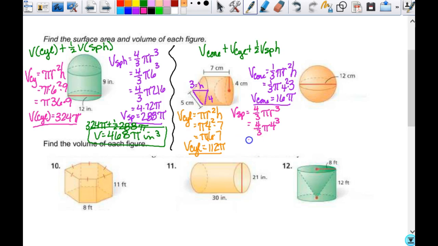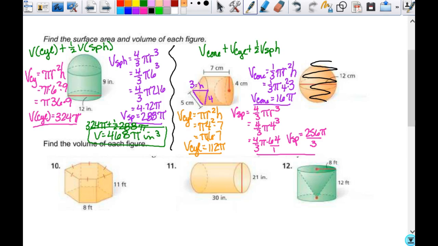So this is going to give me 4/3 pi times 64. So I can't divide that out, so I need to take 64 and multiply it by 4, rather. So the volume of my sphere is 256 pi over 3.